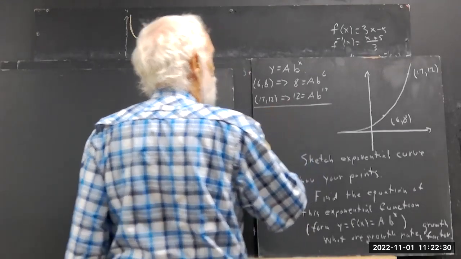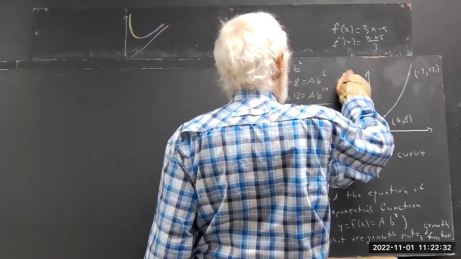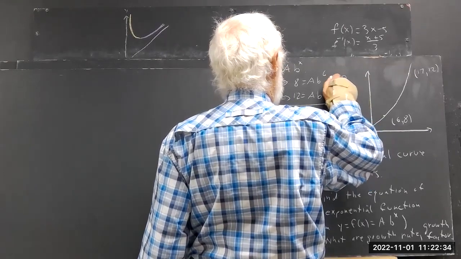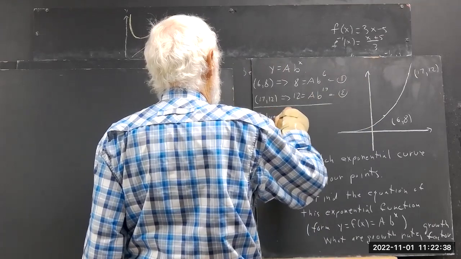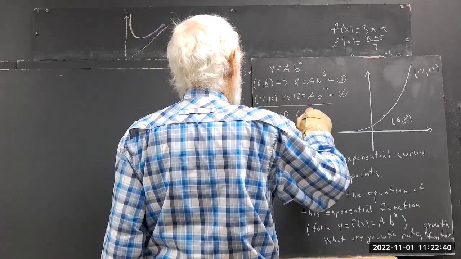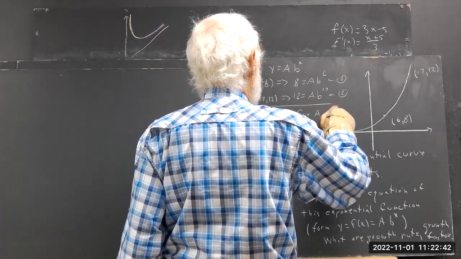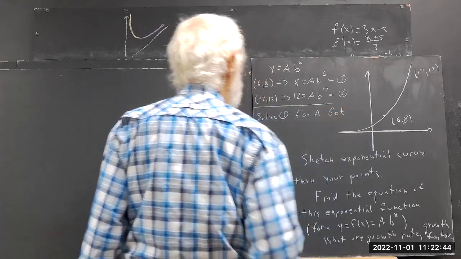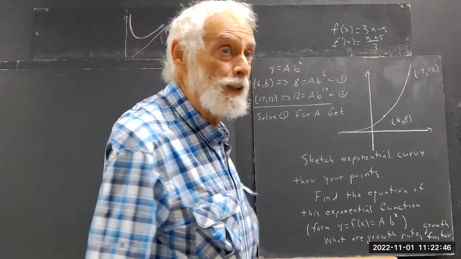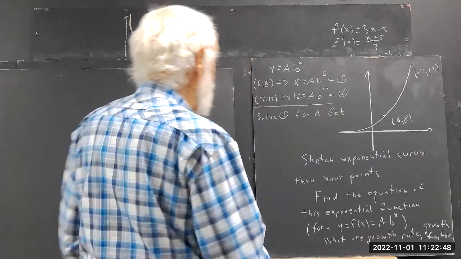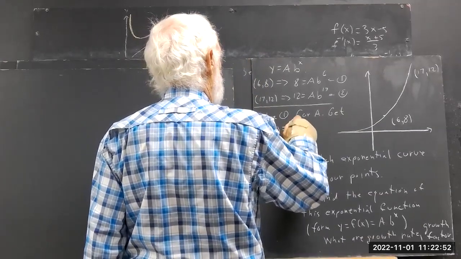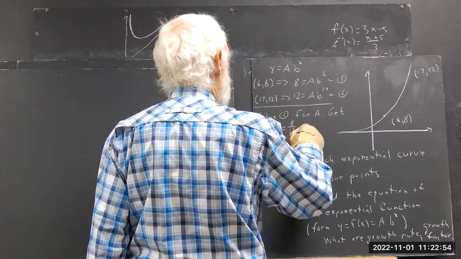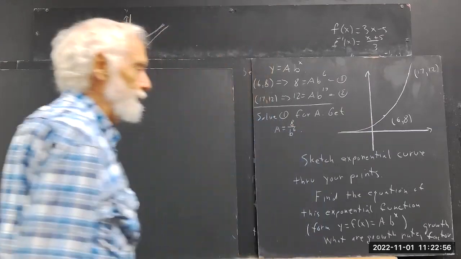So solve the first equation. Let's call this equation 1. Call this equation 2. I don't have to do the algebra for you. Just divide both sides by b to the 6th. And it's very obvious that you're going to get a equals 8 over b to the 6th.